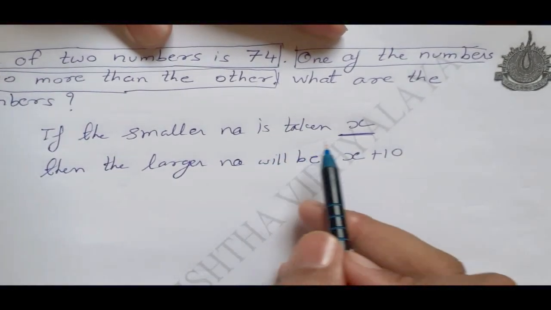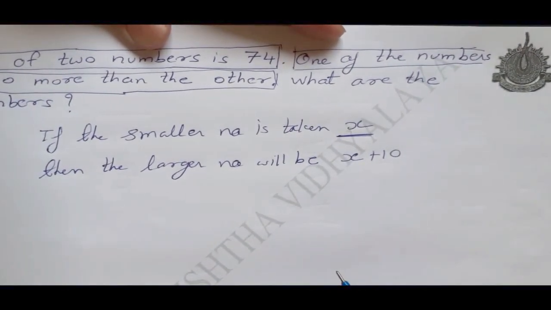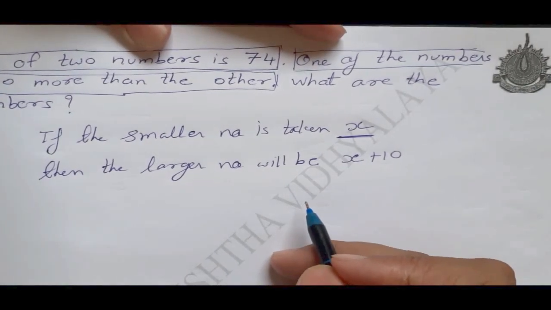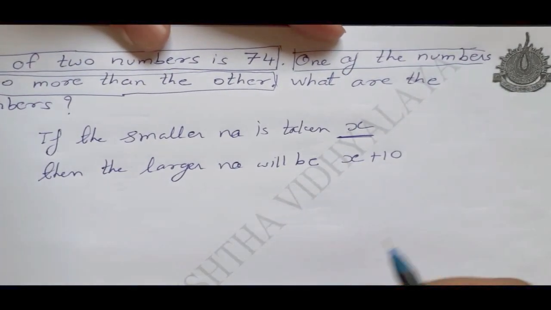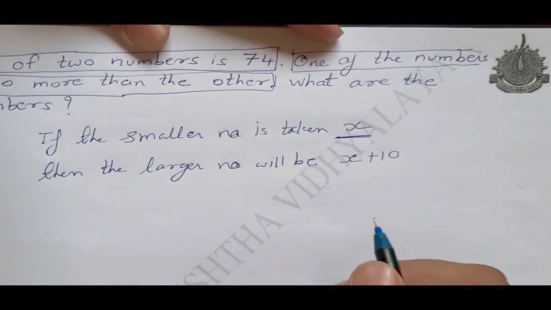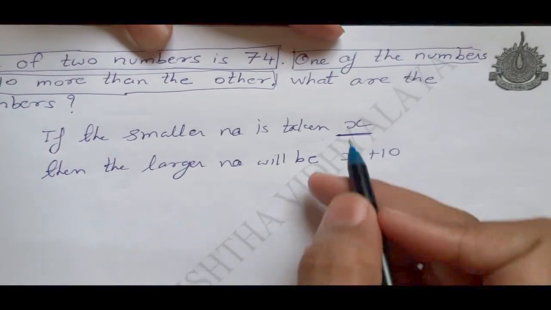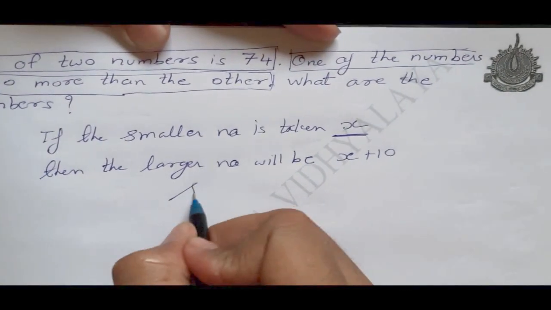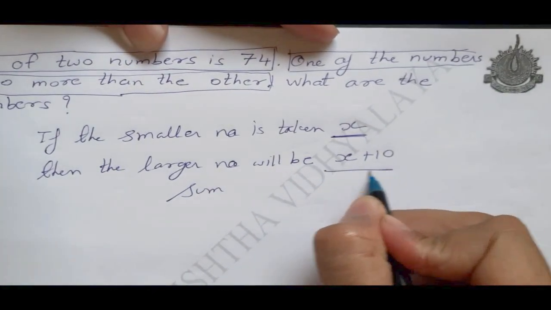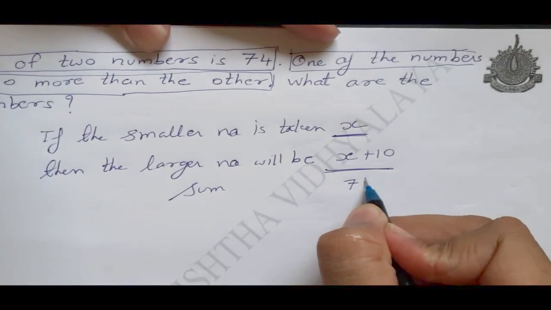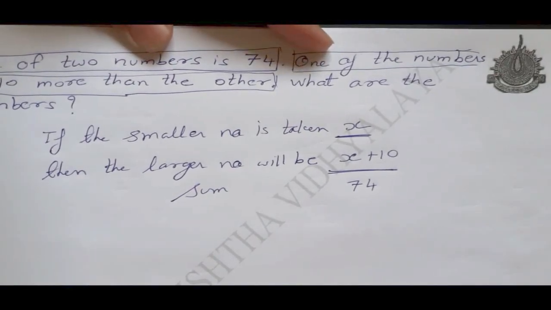If the smaller number we consider as x, then the larger number will be 10 more than the number which we had taken. So it will be x plus 10. And we know that the sum of these two numbers is 74.